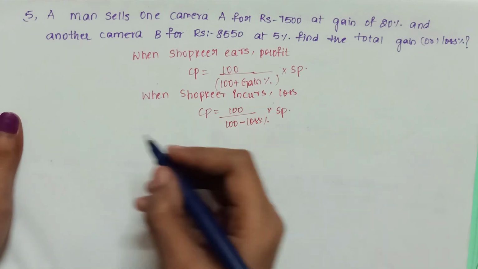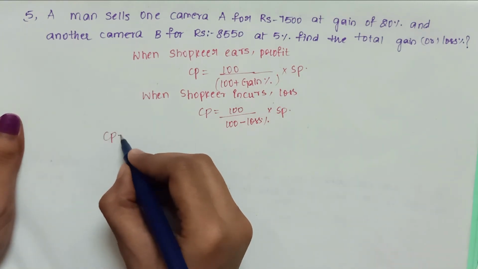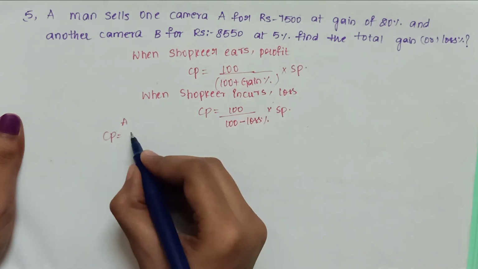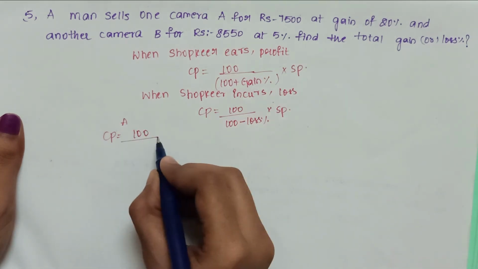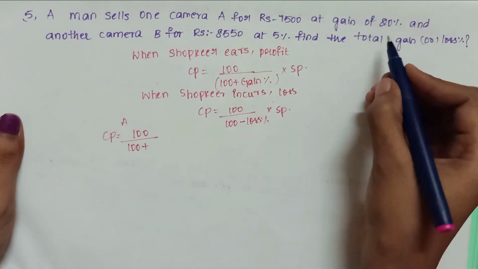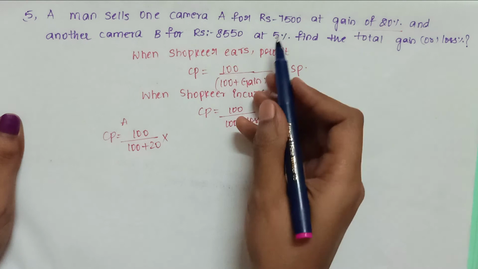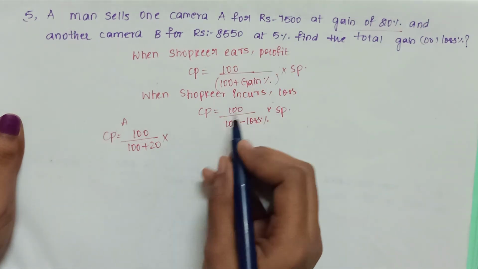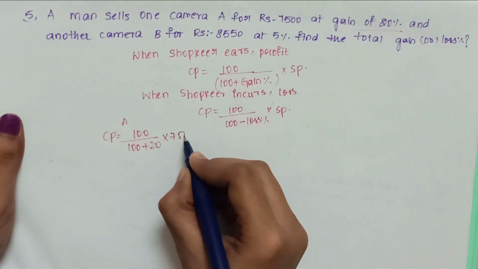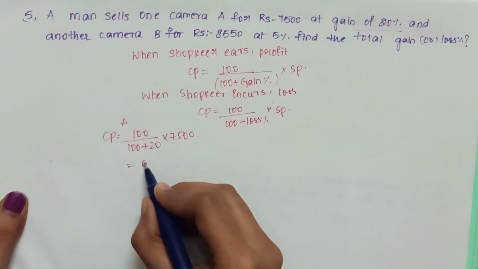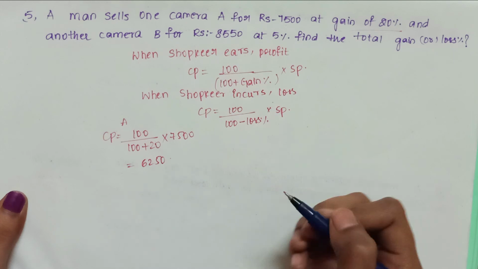Now we should substitute these values, where CP for A, 7,500, is 100 by 100 plus 20, the gain, into 7,500, the selling price. If we calculate, we'll get 6,250.